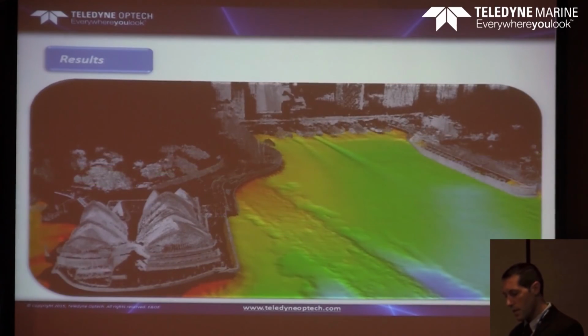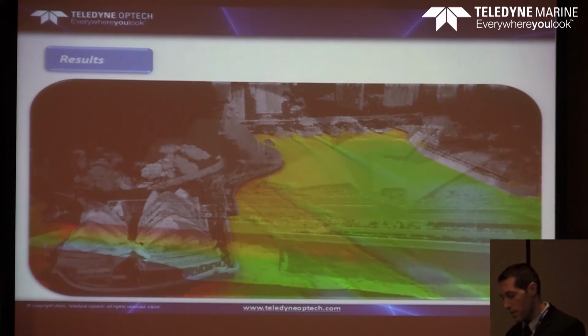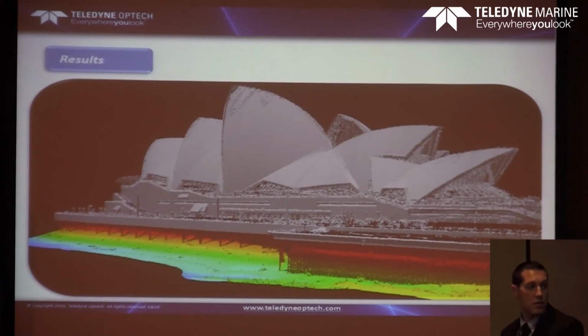So this is another view of the Sydney Harbour. And this is exactly what I was talking about. If you really want to have a seamless integration between the data sets, that's what they do. They tilt the multi-beam by 30 degrees, and this way the multi-beam can get data up to the water level.